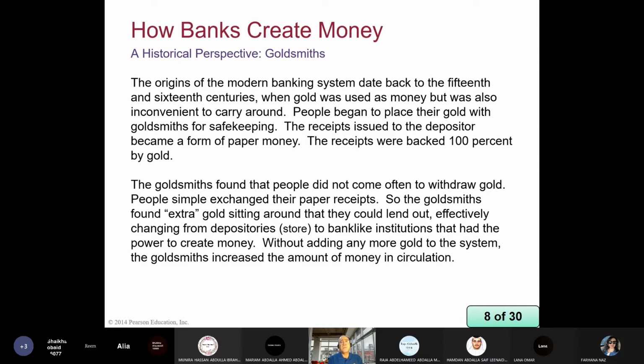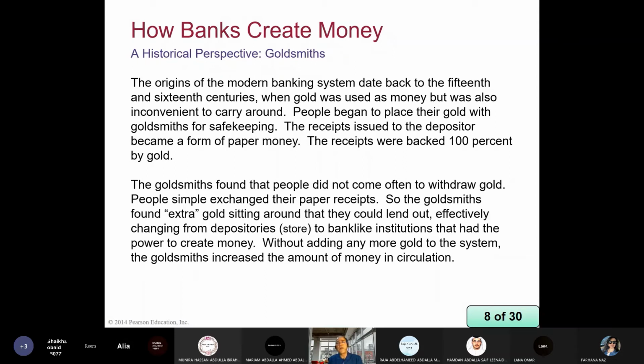These commercial banks can create money. Maybe for some of you this seems strange, and you will ask, how do commercial banks create money? And some others feel that commercial banks cannot create money.